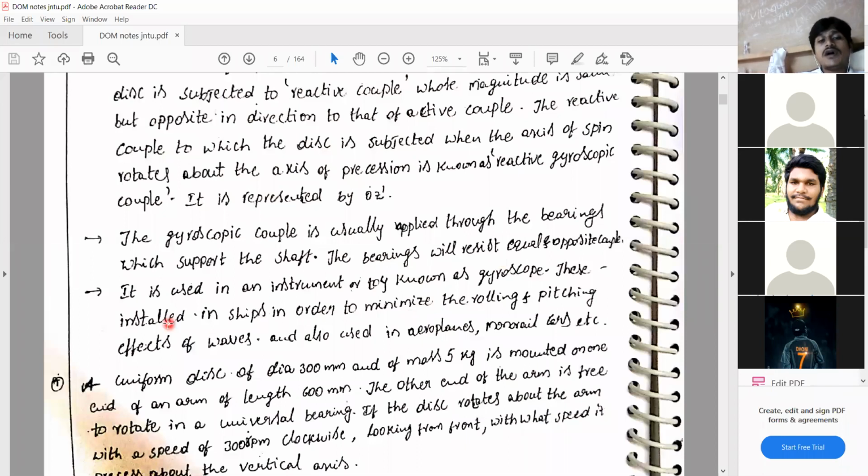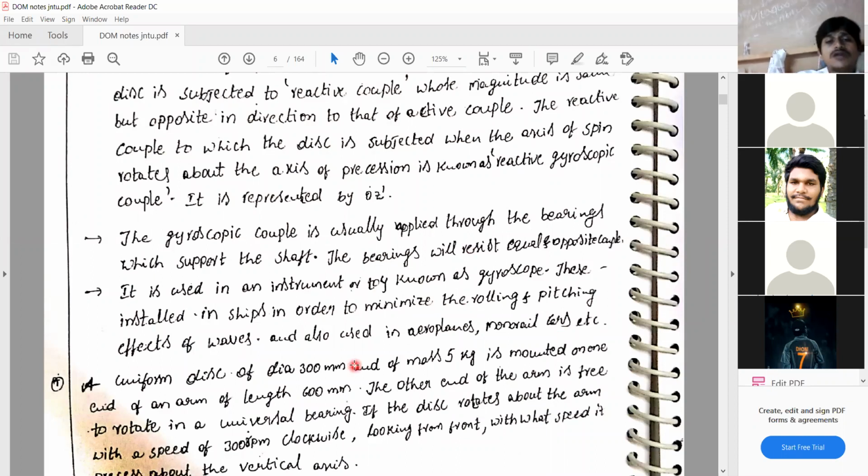Another application: in instruments or toys, it is known as a gyroscope. These are generally installed to minimize the rolling and pitching effects in ships, aeroplanes and monorails.